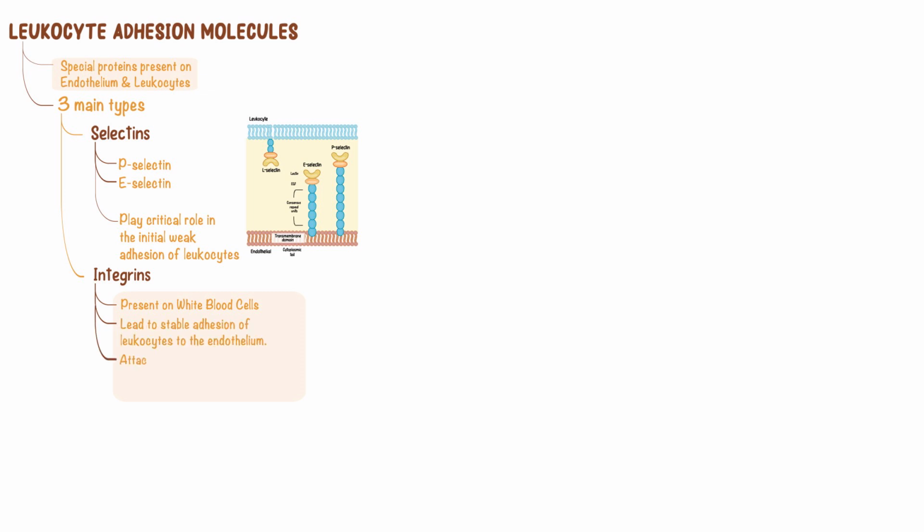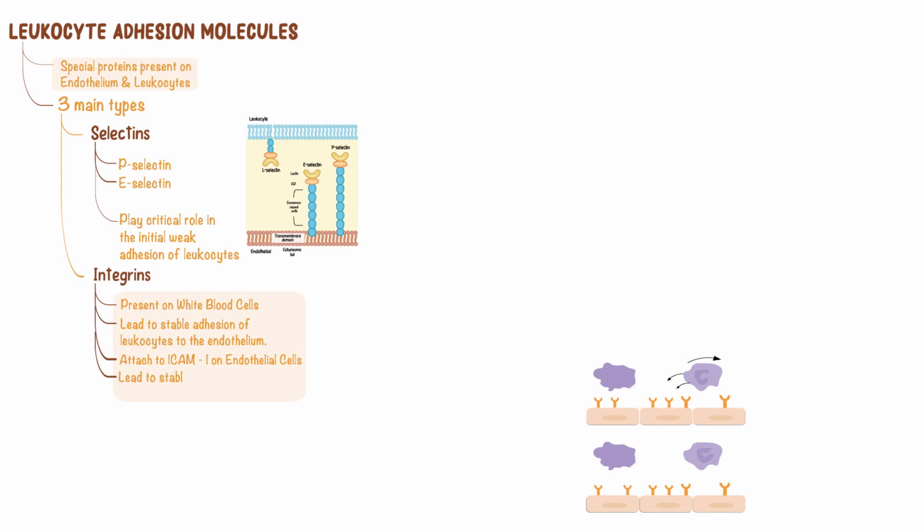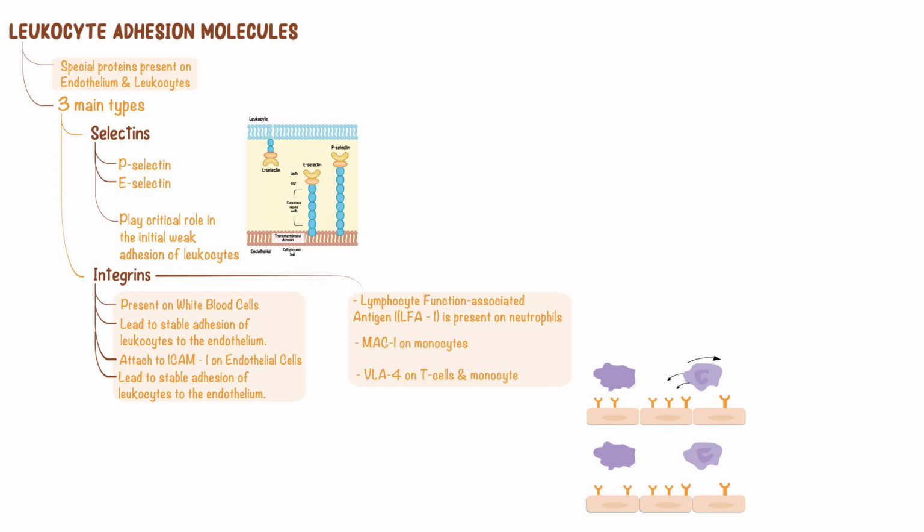Integrins attach to intercellular adhesion molecule 1, or ICAM-1, a key protein on endothelial cells facilitating firm adhesion. Different types of integrins are present on different types of WBCs, like LFA-1, or lymphocyte function associated antigen 1, which is present on neutrophils. Then we have MAC-1 on monocytes and VLA-4 on T cells and monocytes.